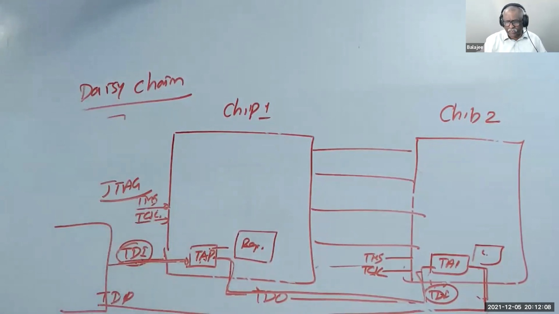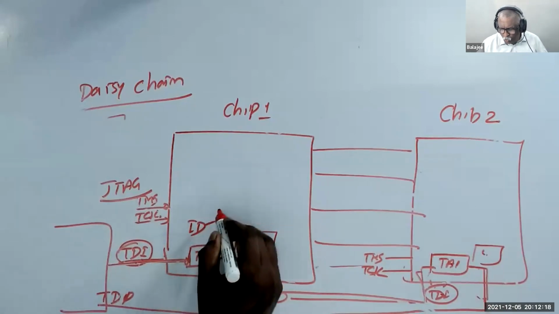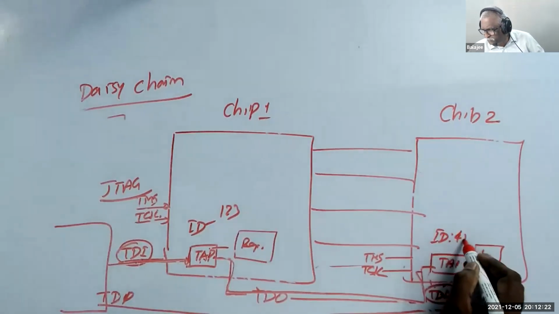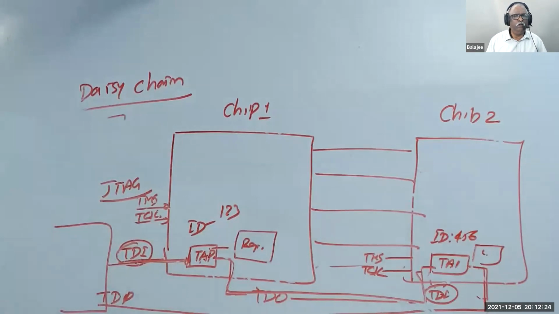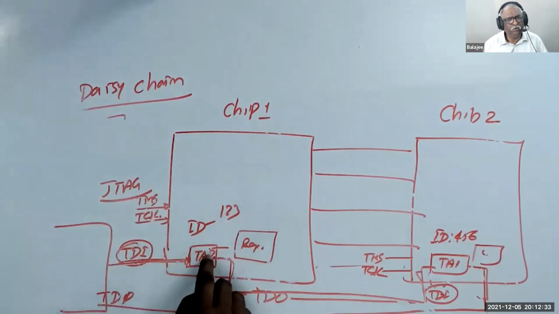TMS will do the mode set, what mode I am going to operate in. Now, each IC has an ID. This one's ID may be 1, 2, 3, and that one's may be 4, 5, 6. When I send the ID through the serial line, if it is not for a chip, that chip will go to bypass mode.